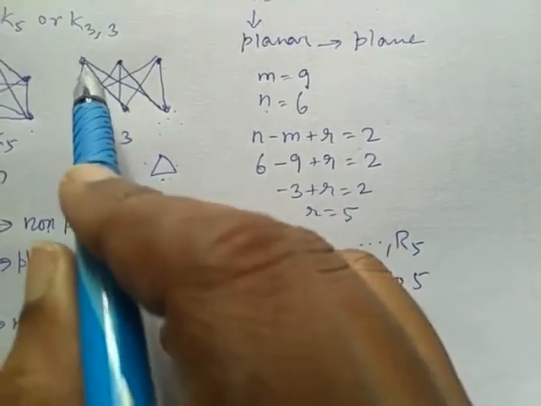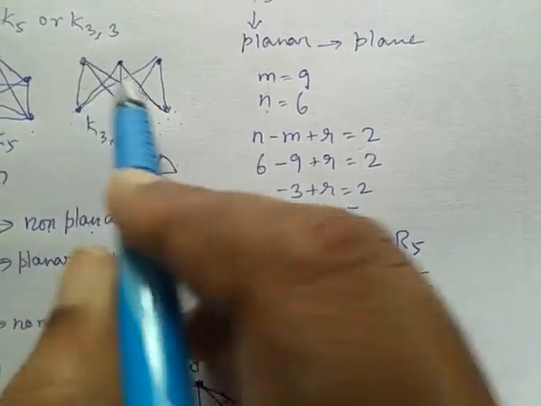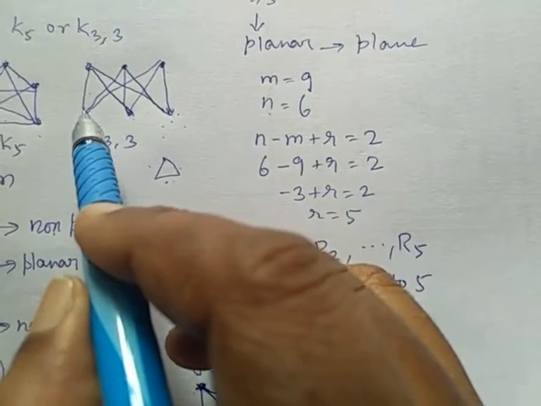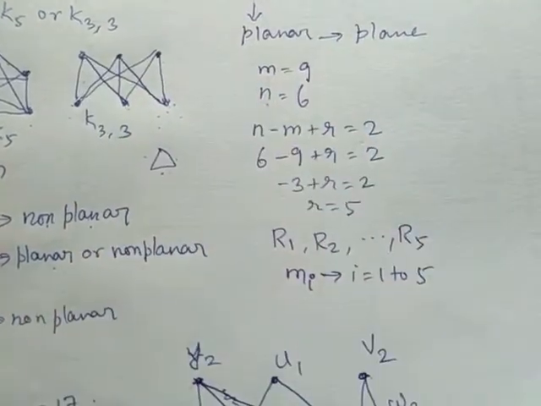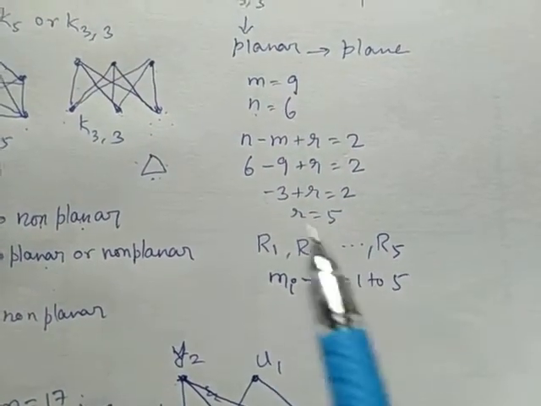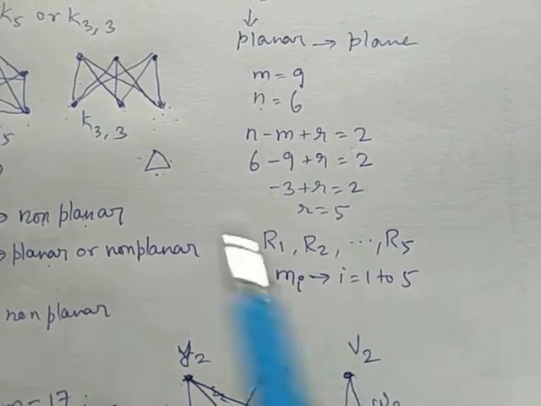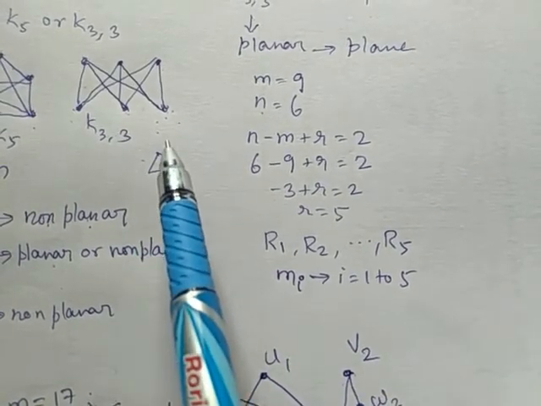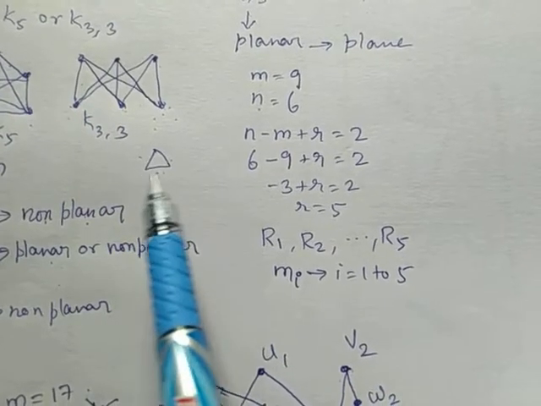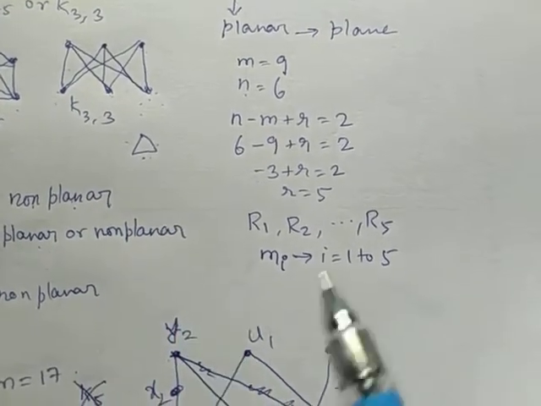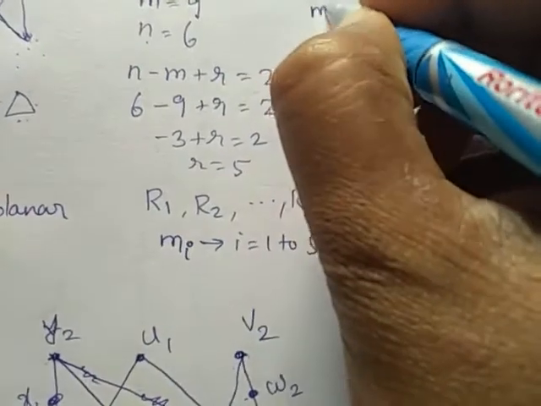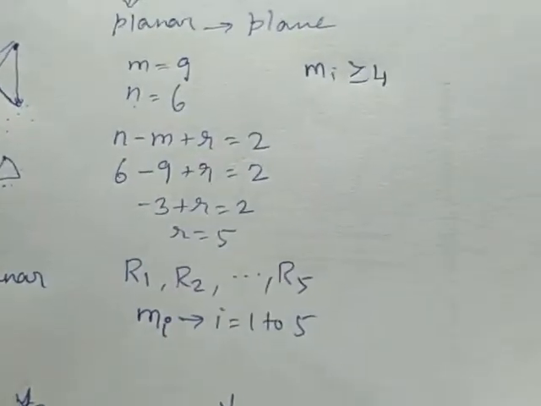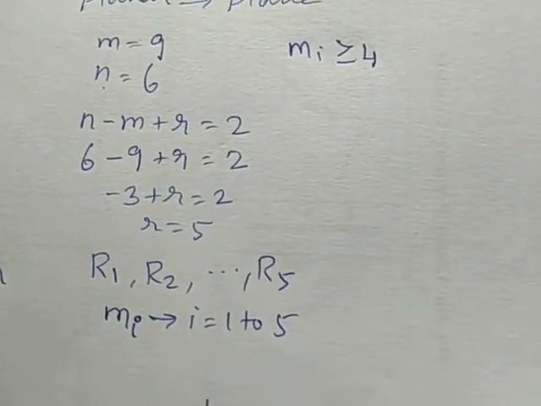Similarly, when we see this line and this line, it does not form a triangle. When we consider this and this edge, it does not form a triangle. So, in each region, if we consider the boundary, the number of edges in the boundary should be greater than 3. Therefore, mi should be greater than or equal to 4.